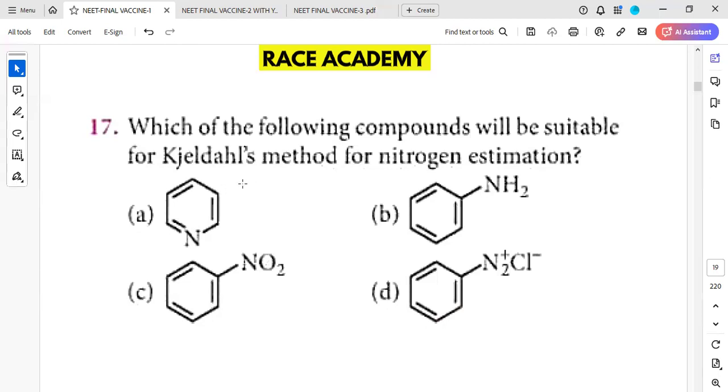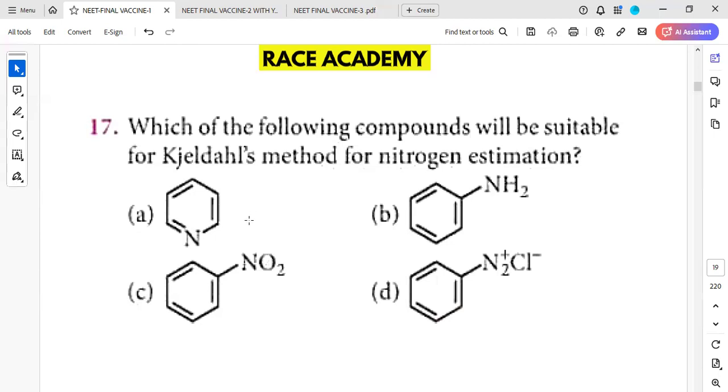In this, the very convenient method applies to nitrogen linked to carbon and hydrogen, not for nitro compounds, azo compounds, azoxy compounds. Nitro compounds means NO2 compounds, azo compounds mean diazonium salts, and also where nitrogen is present in the ring. For compounds containing nitrogen in the ring, it is also not applicable.